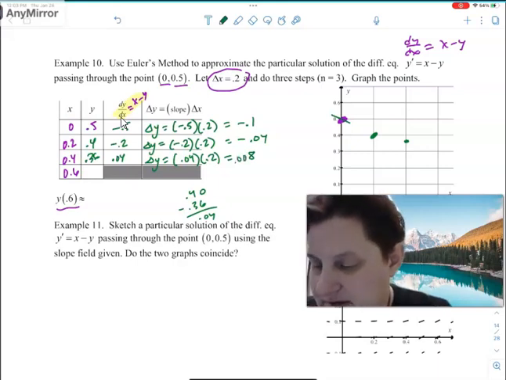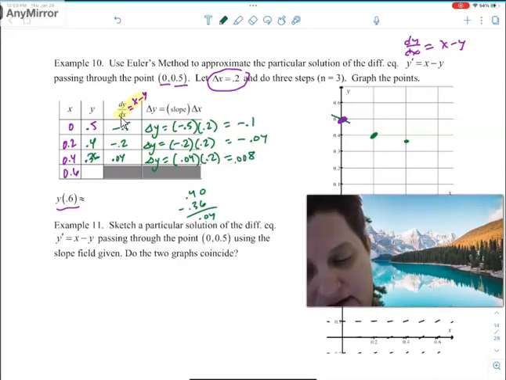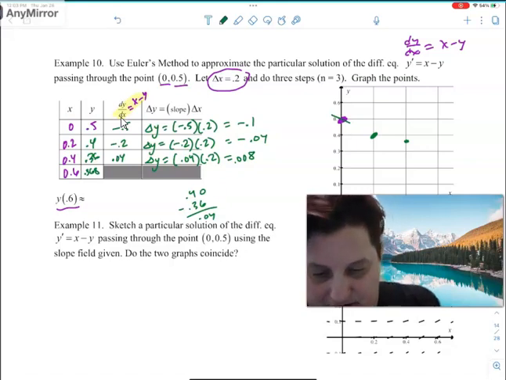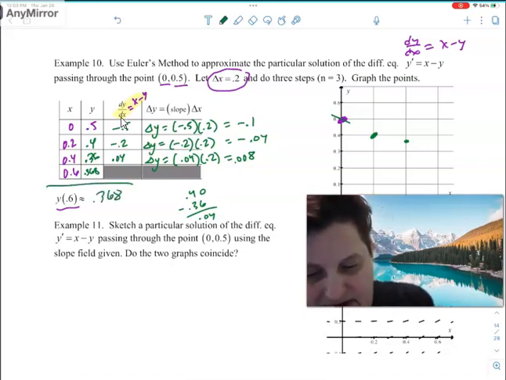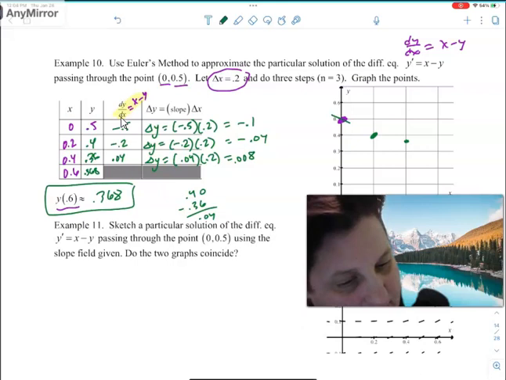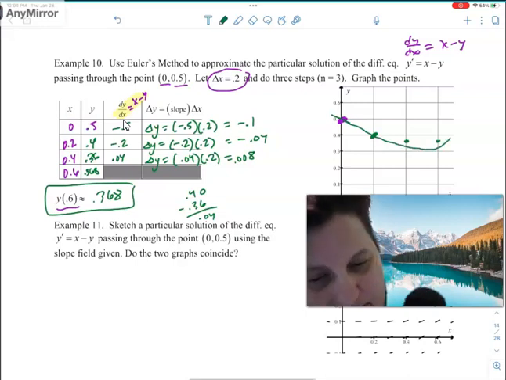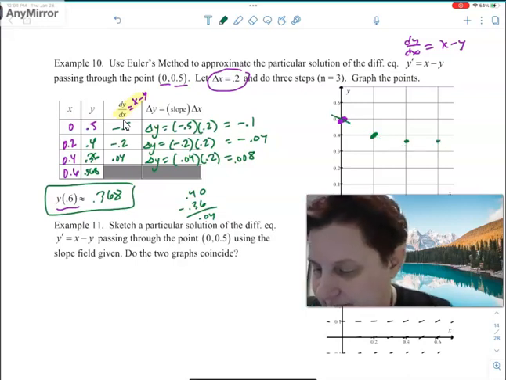So it's 0.008, and then if I add that to y, 0.368, I got 0.368. Okay? So (0.6, 0.368), so about right there. It goes up a little bit, so it kind of went down and then up a little bit, I guess. All right? And that's how you do a Euler approximation.